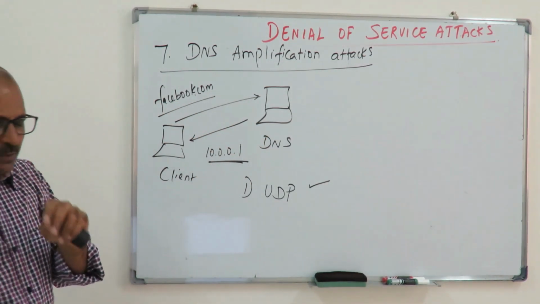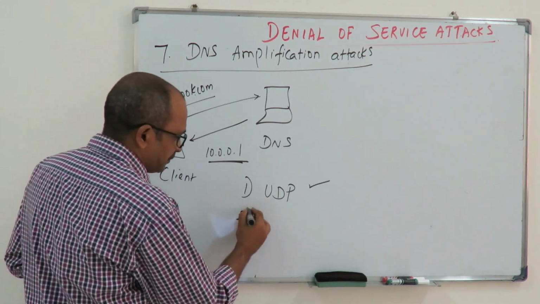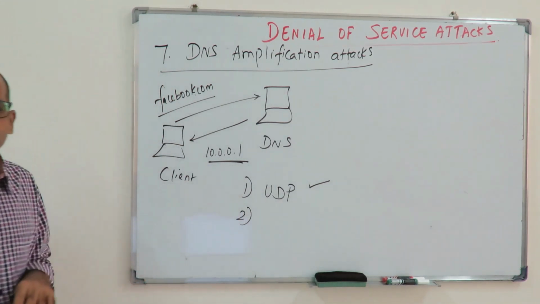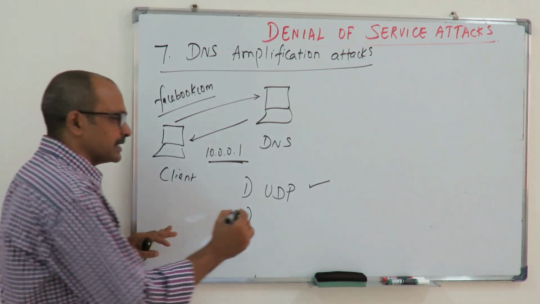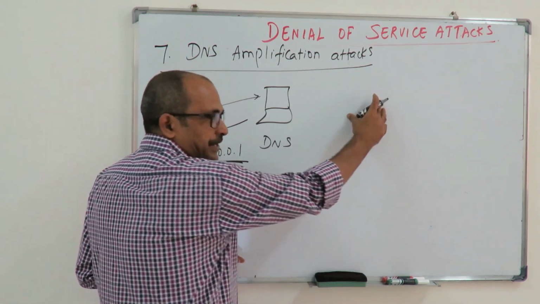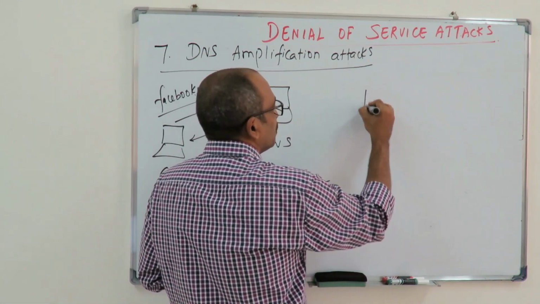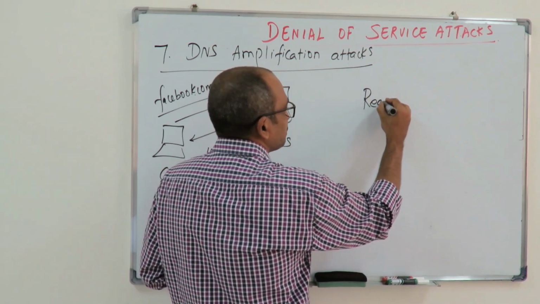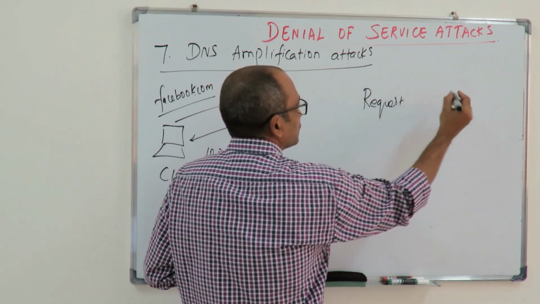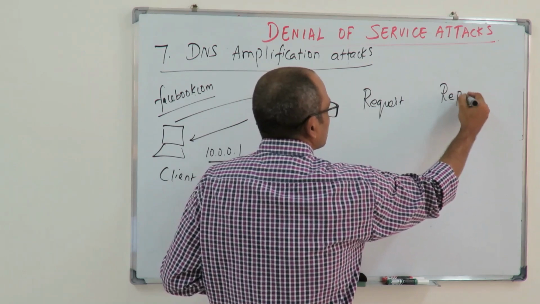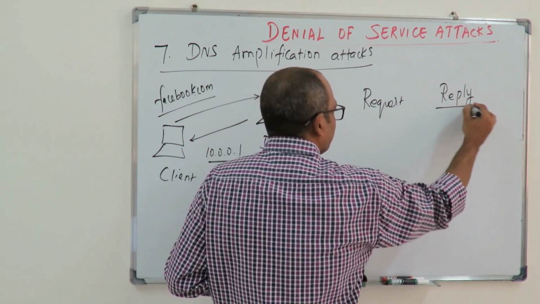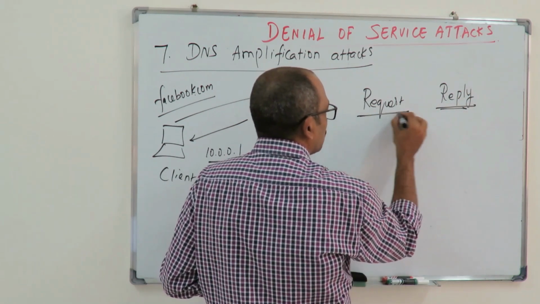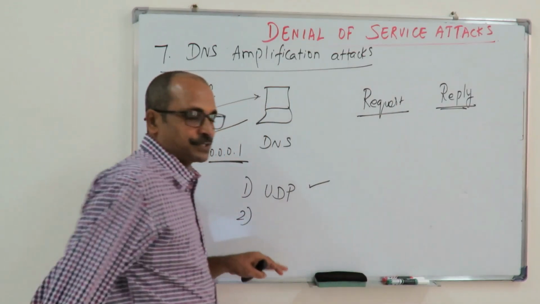Then the second very important property as far as DNS is concerned is the size of the packets. I'm just writing it here. Size of the packet: what is the size of the request packet and what is the size of the reply packet? This is going to be a very important one, because attackers are going to use these particular features.